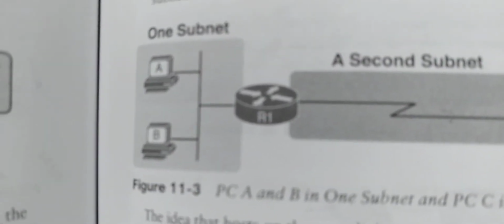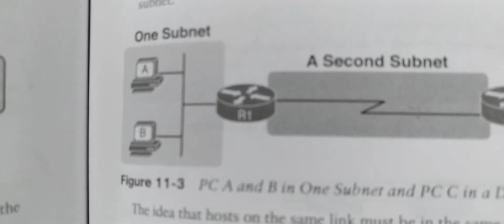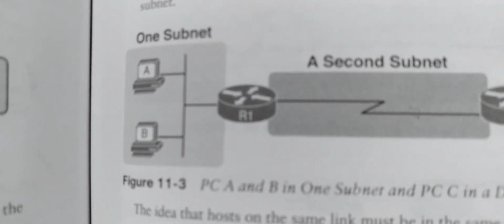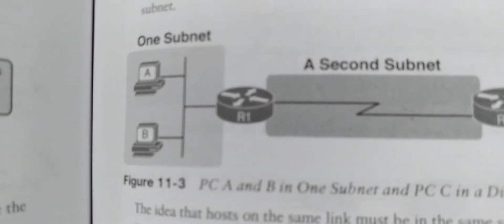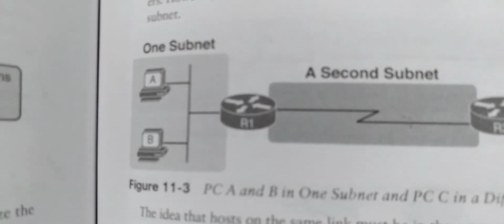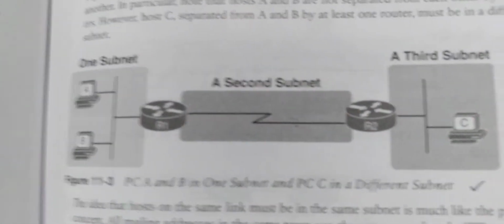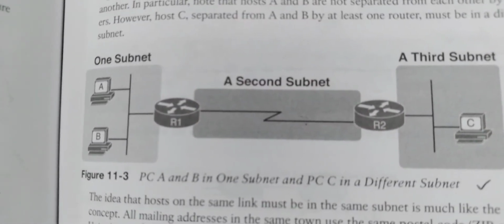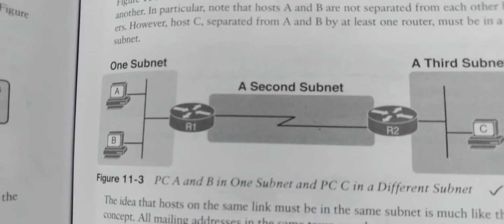As you can see with figure 11-1, A and B are not separated by a router. They are grouped together. And addresses in different subnets are separated by at least one router.